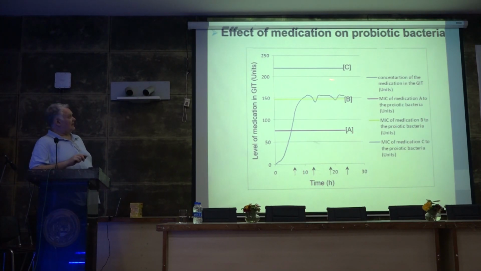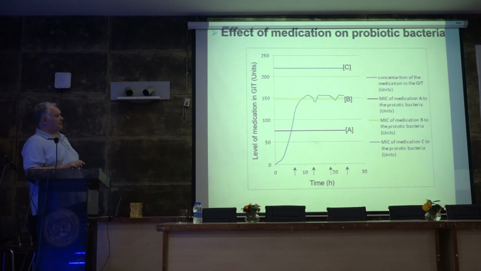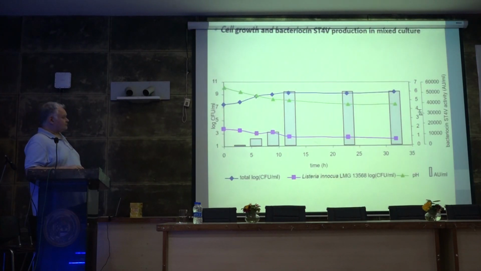It will be killed. If you need, let's say, 150 or 200 units of your medication to kill the probiotic, the level is always below that, so this probiotic will be happy to survive together with the medication. For this one in between, we don't know, because the level fluctuates around it, so most probably it could be a problem as well.